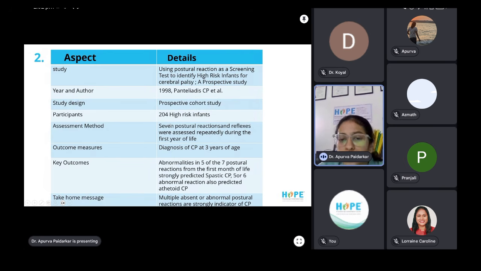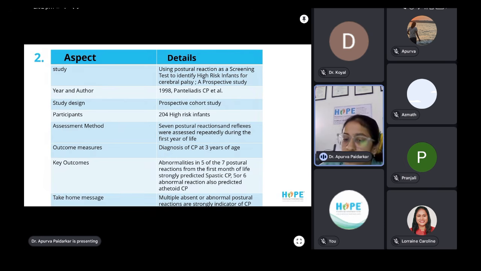Participants were 204 high-risk infants. The assessment method was 7 postural reactions and reflexes, which we saw, assessed repeatedly during the first year of life.